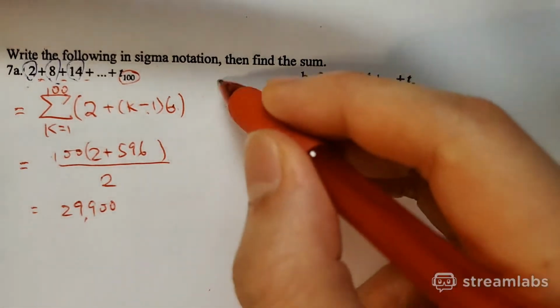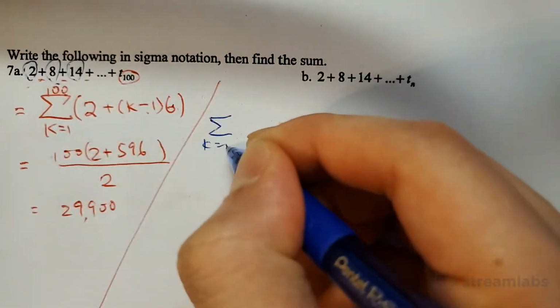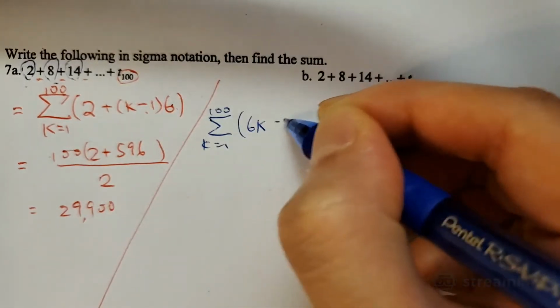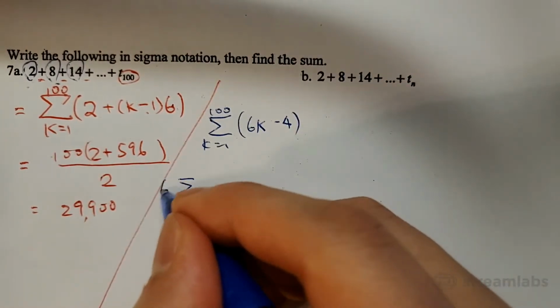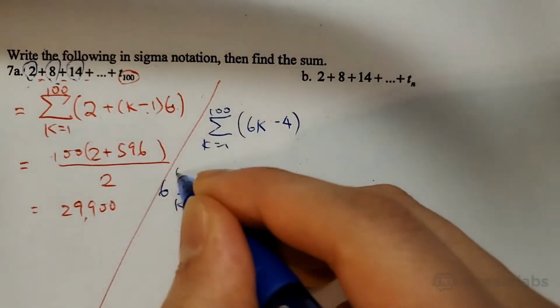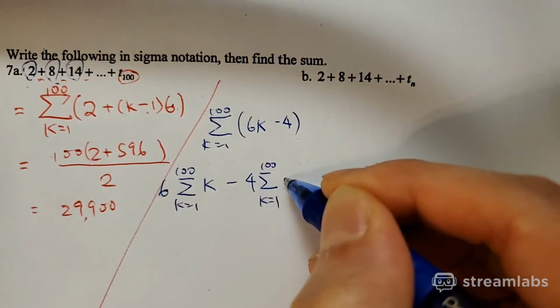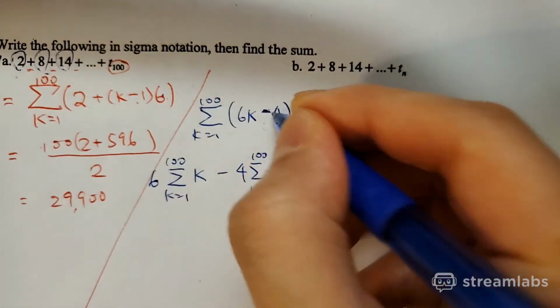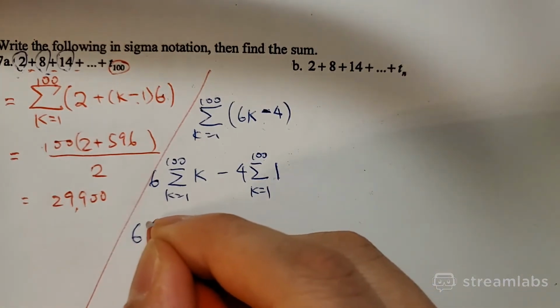Alternatively, you can simplify and split it. So this will be 6k minus 4, right? Something like that. And then you split it like how we did it before. So 6 sigma of k, k from 1 to 100, minus 4 sigma from 1 to 100 of 1, right? Split the minus sign, split the sigma, pull out the coefficient, and I'm going to use the formula n times n plus 1 over 2.